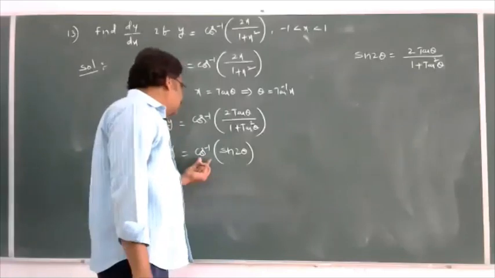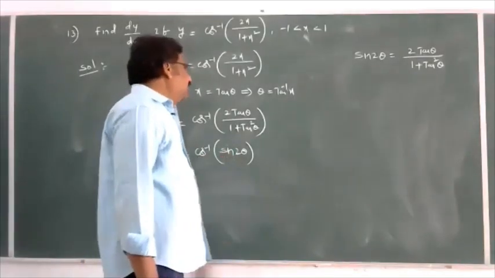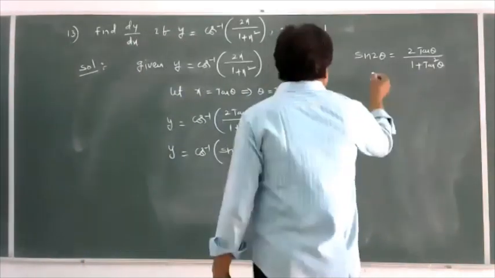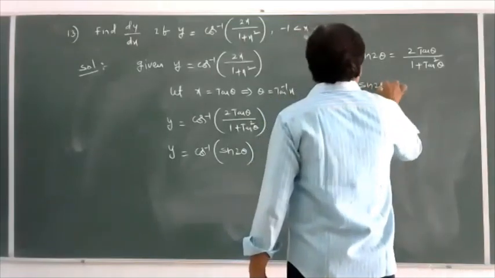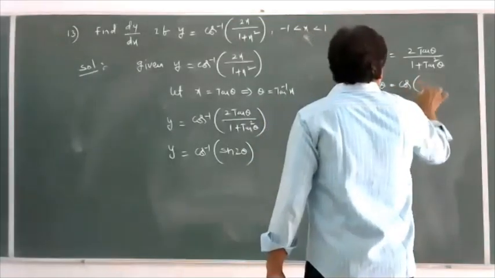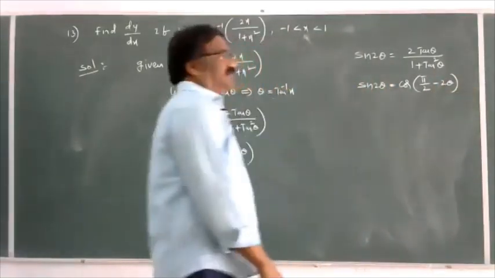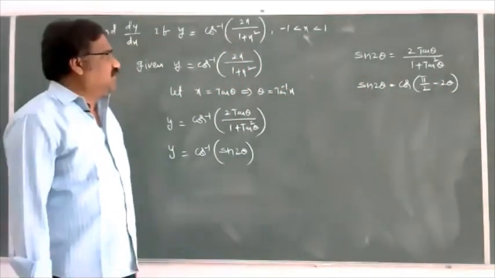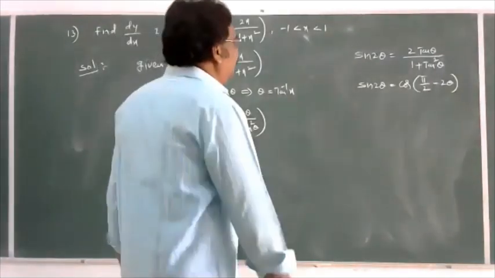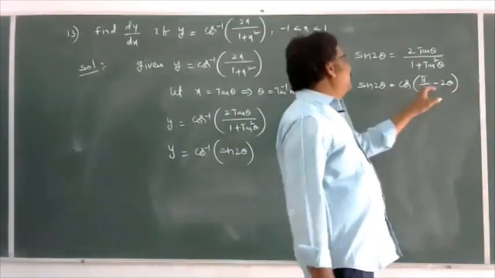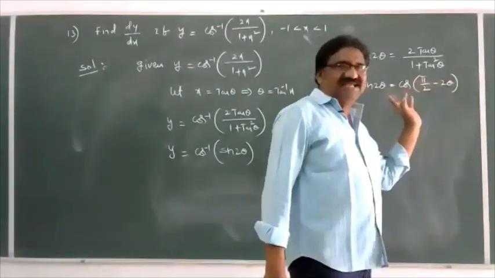So here we have cos, and this is sine. This can be converted in terms of cos, that is, sine 2 theta is equal to cos of pi by 2 minus 2 theta. Cos of 90 minus 2 theta is sine 2 theta.